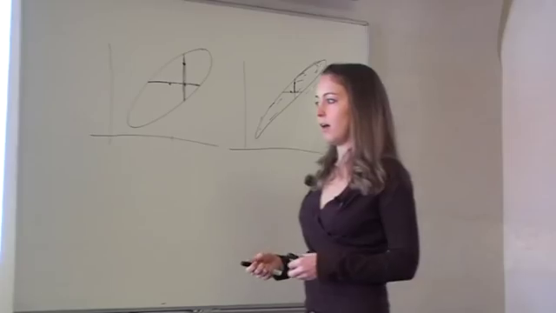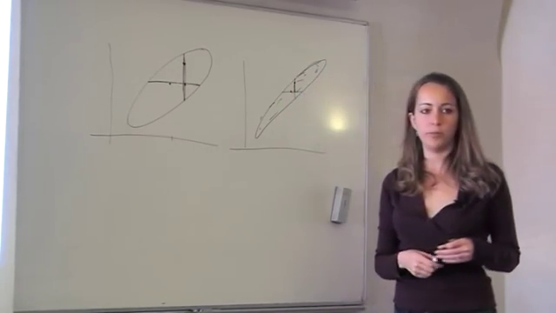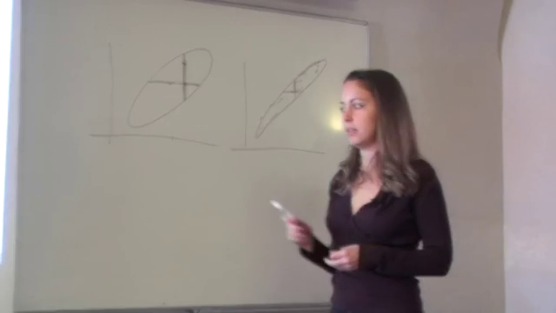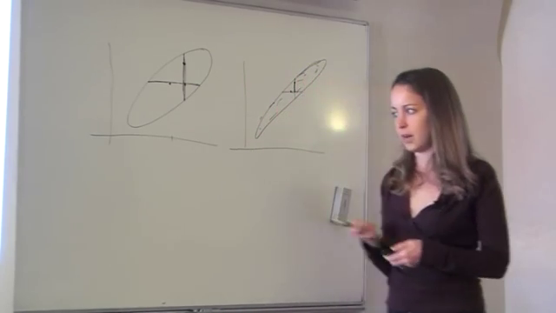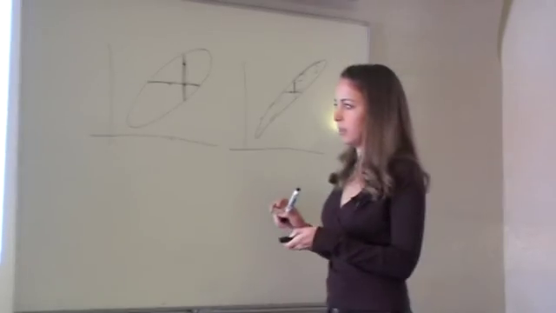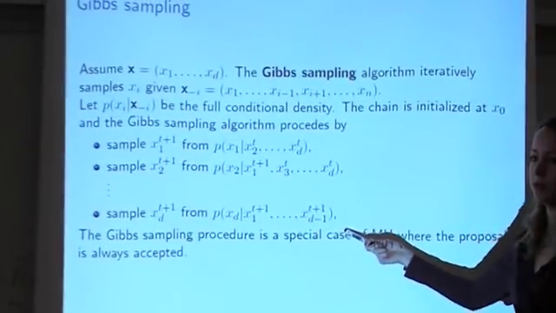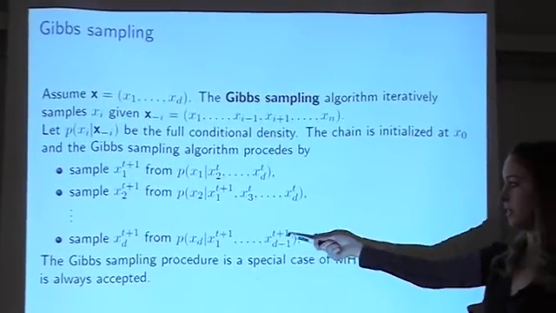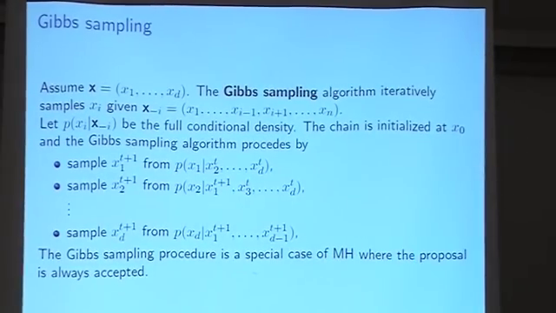So if any of the groups of variables can be updated jointly, we can improve the mixing, and this is known as blocked Gibbs sampling. If you work with Gibbs sampling, another thing that's often done is called hybrid Gibbs sampling. That's if one of these steps here, we can't actually sample from the full conditional, and we need a Metropolis Hastings step to sample from the full conditional at that stage.